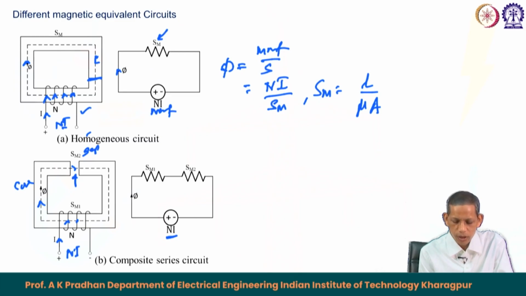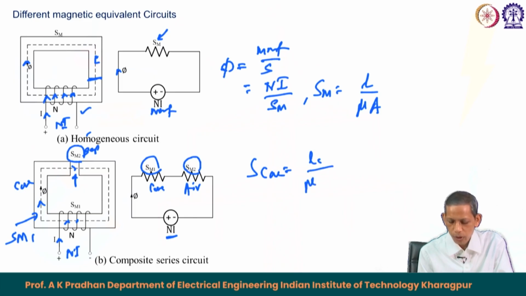Here also we say that there are two reluctances: SM1 for the core part, and SM2 for the gap part. So, this is SM2 and this is SM1 for the core part. So, the core and the air gap have two different S. For the core, S core becomes equal to L core, the length of the core, divided by mu of the core and the core cross section.